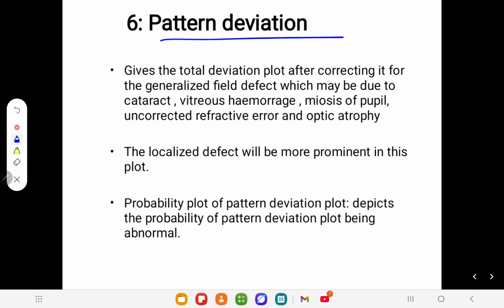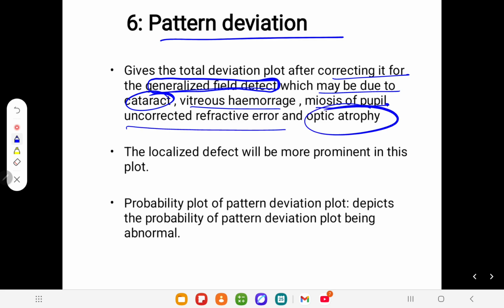It gives the total deviation plot after correcting it for generalized field effect. That's a very good point. We will come later on. Generalized field effect means from the total deviation plot we remove the generalized field defect, which may be due to cataract, vitreous hemorrhage, myosis, uncorrected refractive error, maybe optic atrophy.